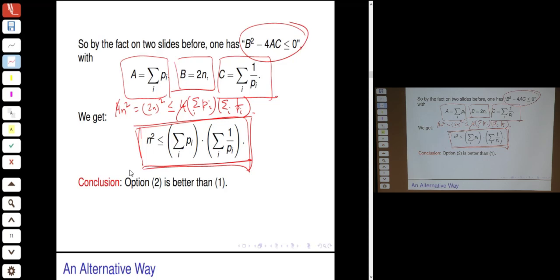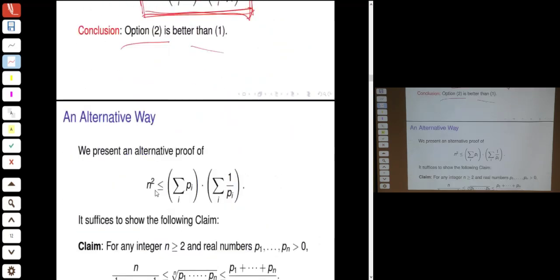If summation pi times summation 1 over pi is bigger than n square, then option 2 is better. And here we showed that summation pi times summation 1 over pi must always be greater than or equal to n square, which means that option 2 must be better than option 1. So we should always divide the money into equal chunks, allocate a chunk for every month, and buy shares at the market price of that month. That is always going to give us a bigger number of shares. Any questions?